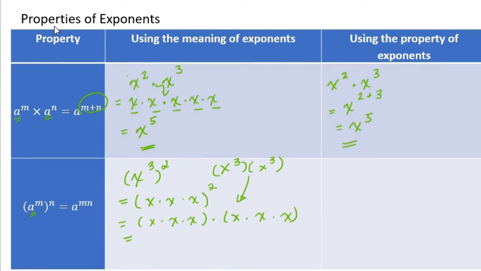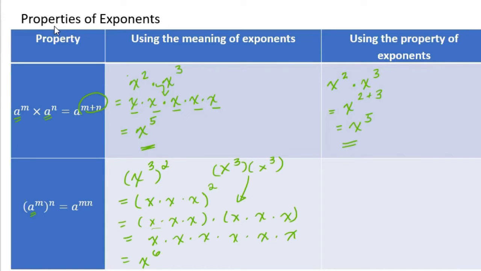So what's going on here? What we really have is all of these x's being multiplied by all of these x's, and we could just as easily write that without the brackets. So we have 6 x's all multiplied together, which is much easier to write as x to the power of 6.